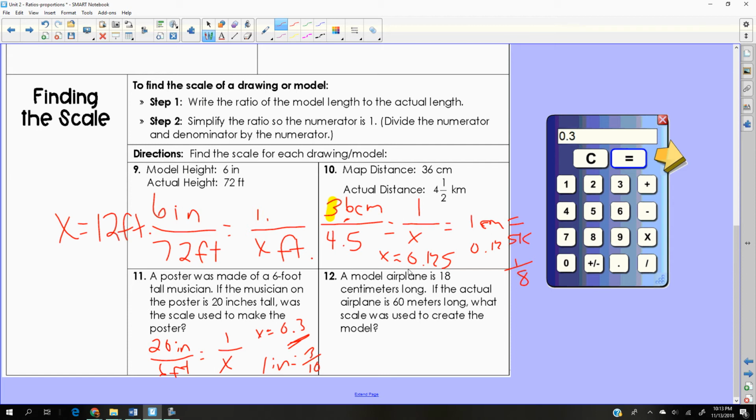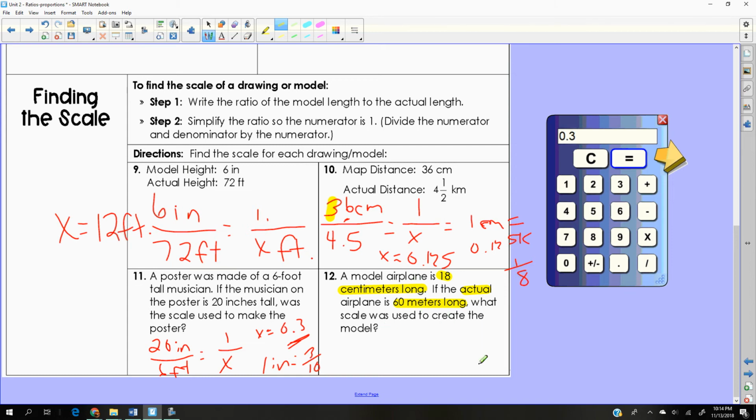And number 12, a model airplane is 18 centimeters long. Oh, we forgot to highlight in the last one. All right, so a model airplane is 18 centimeters long. If the actual airplane is 60 meters long, so the actual is 60 meters long, what scale was used to create the model?